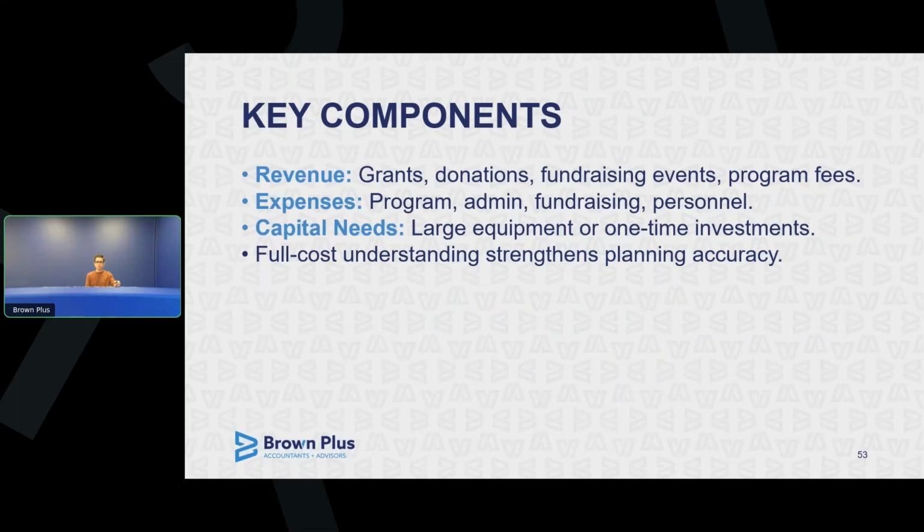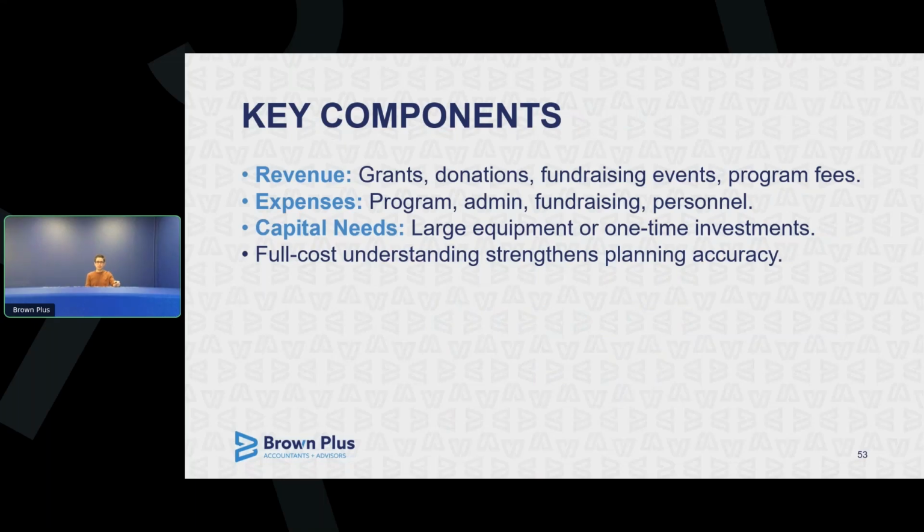So let's start with the revenue piece. Revenue is simply all of the ways money flows into your organization, either by grants, donations, program service income, events, memberships, contracts, whatever source applies to your organization. Every nonprofit's mix is a little different. The key here is to understand what your mix looks like and how predictable each piece is.